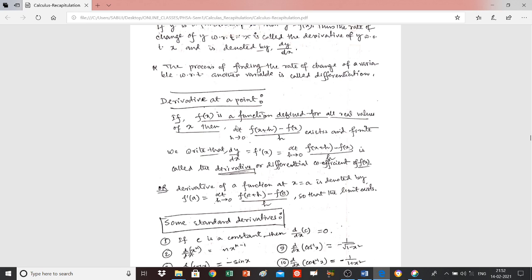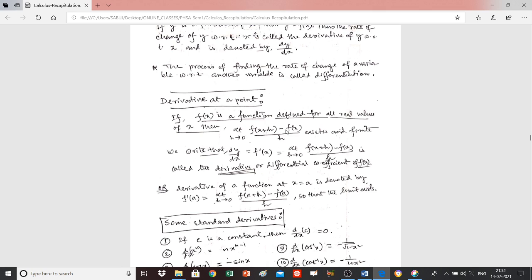So you are given a function and you just have to calculate the value of this limit, and if you find that this value is finite and exists, then you can write dy by dx, that is the differentiation of the function f(x), that means f prime x, equal to limit h tends to 0 of f(x plus h) minus f(x) by h.